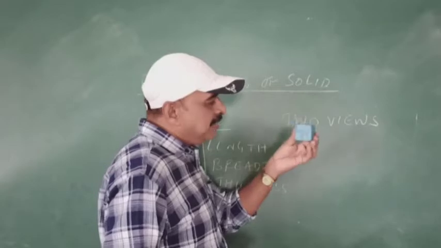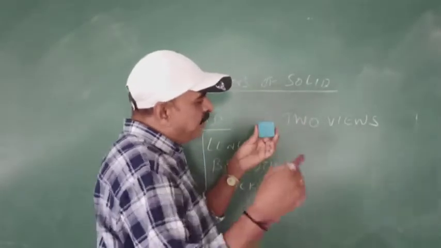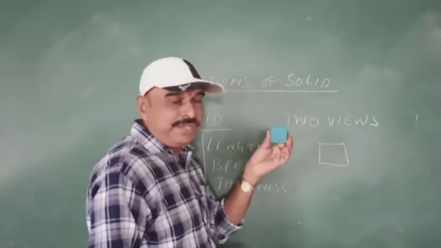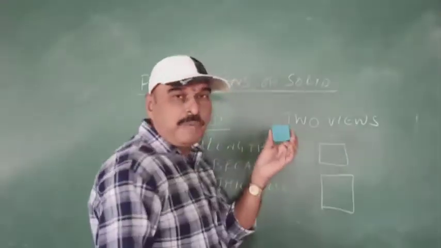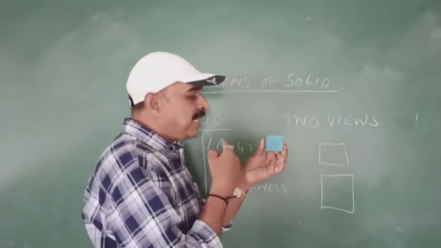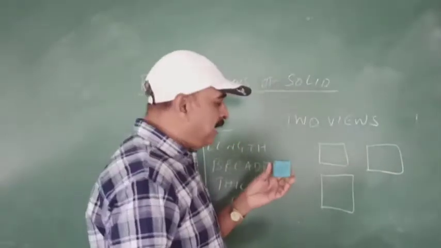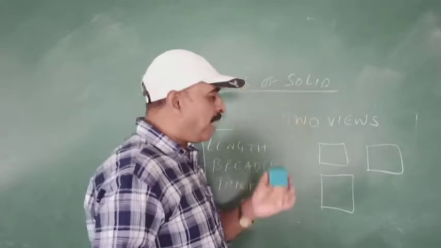To show this object in the drawing, when the object is observed from the front, you see the front view. From the top, you see the top view. Similarly, from the side, you see the side view. So here three views are needed to give the complete description of this object.